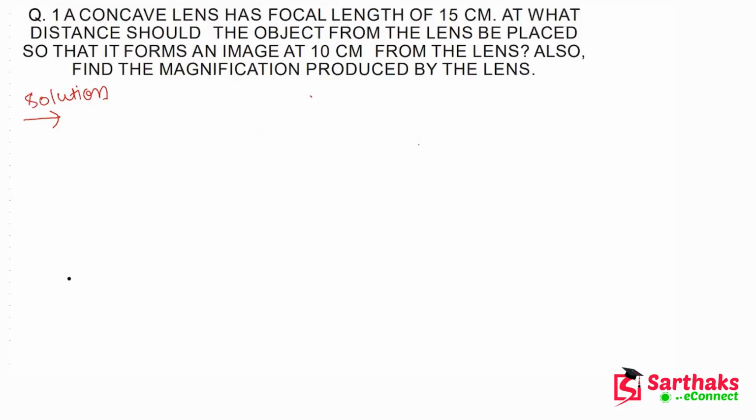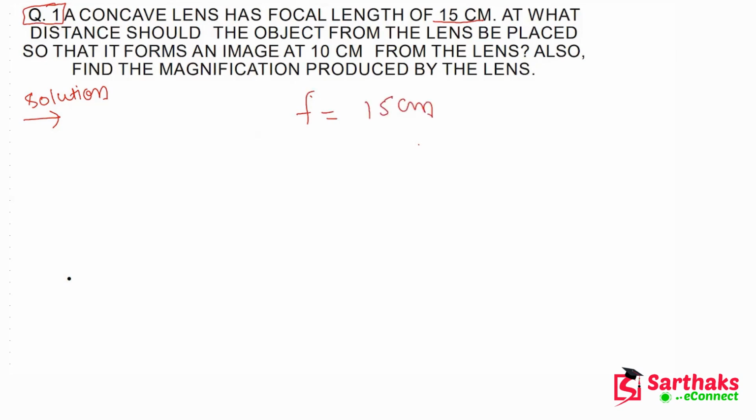So before going to the solution, let's talk about the question. So a concave lens, don't be confused here, this is question number one. A concave lens has a focal length of 15 centimeter. So what has been given? The focal length, and that is 15 centimeter.